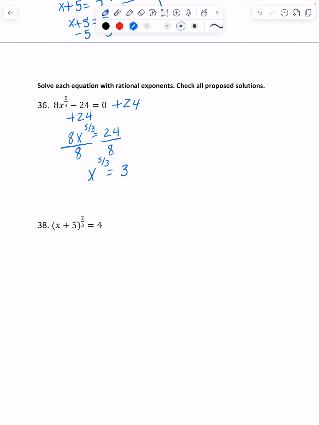So once I get the variable part with the exponent by itself, we're going to multiply both sides, or raise both sides rather, to the reciprocal. So the reciprocal of 5/3 is the 3/5.